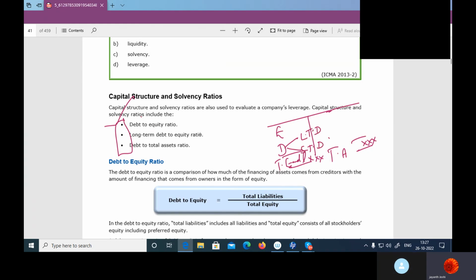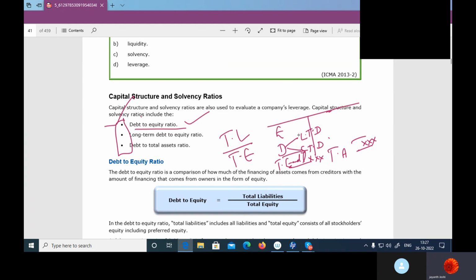So the first ratio is debt to equity, very simple. With this ratio they are taking total liabilities and comparing them with total equity.